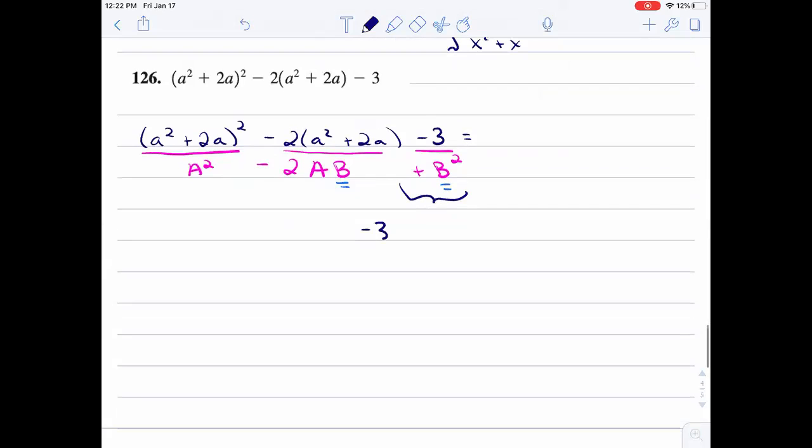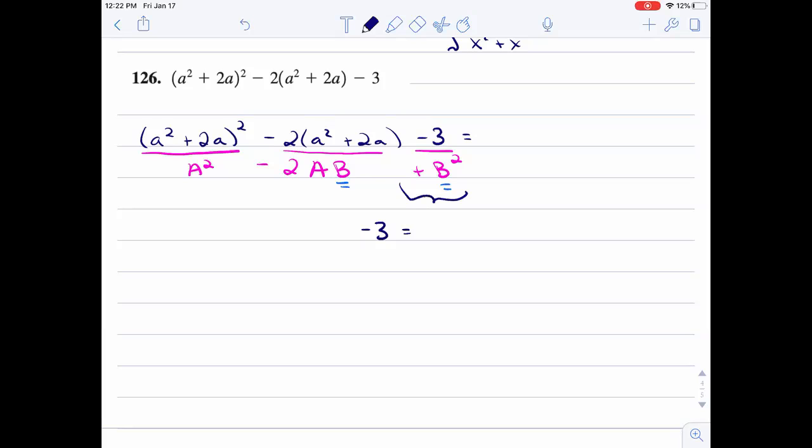Right, so -3 is the same as, oh yeah, because I want b to be 1, right? Because there's no other term in the -2ab term, right?